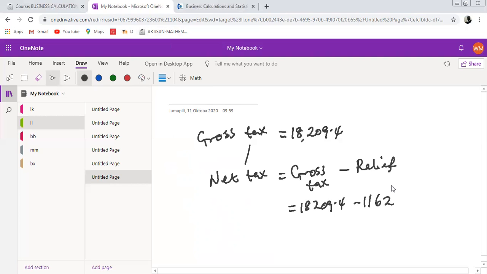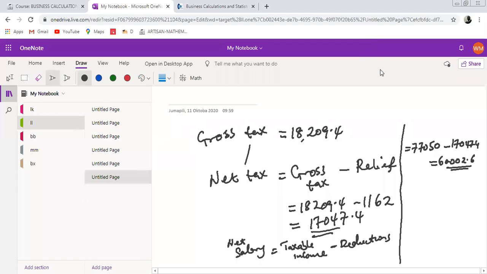So if we subtract 1,162 from here, you find that what will actually be paid is 17,047.4. This is going to be the net tax.